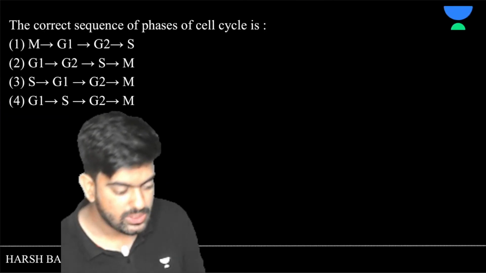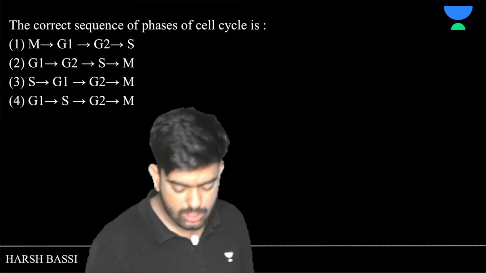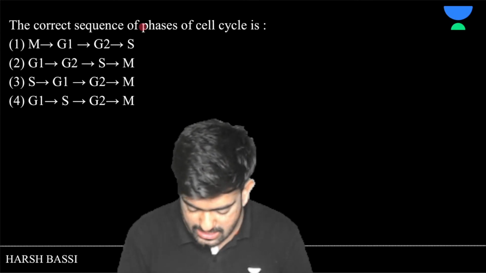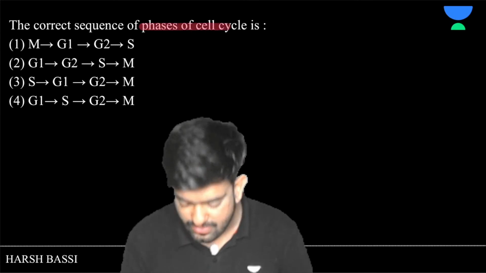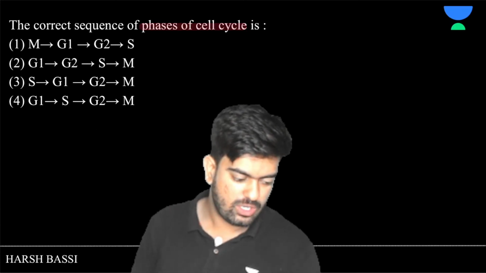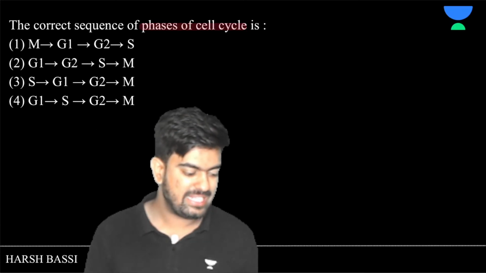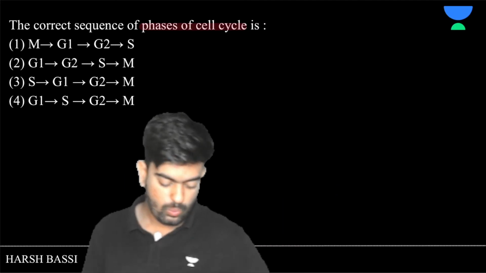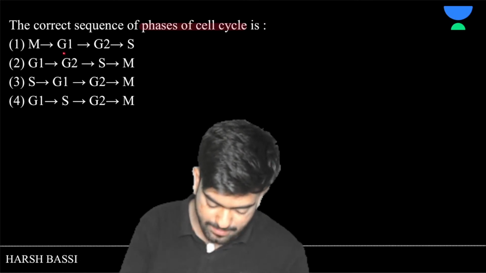Now let's talk about the correct sequence of phases of the cell cycle. Is it M, G1, G2, S?